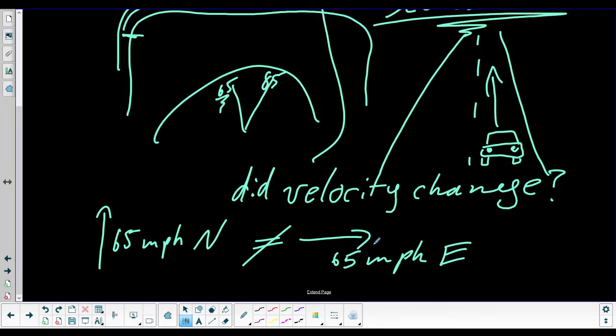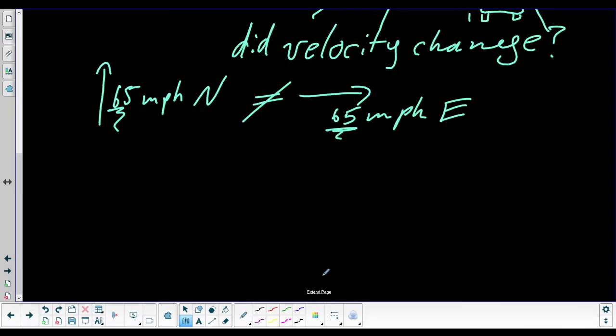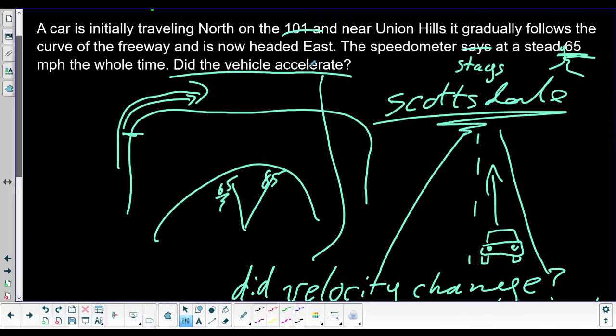These are not the same thing, because while the magnitude of our velocities is the same, the direction is different. So if the direction is different, they're not the same, ergo, a change did happen. Did the velocity change? Absolutely. So we definitely accelerated, even though we didn't change speed, we changed velocity.